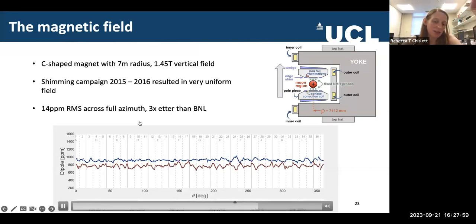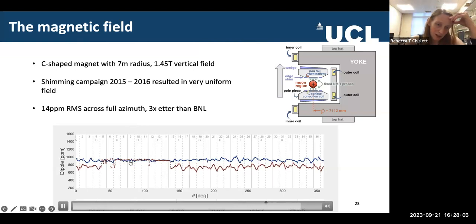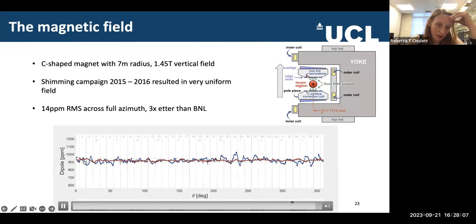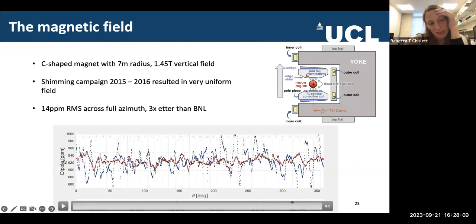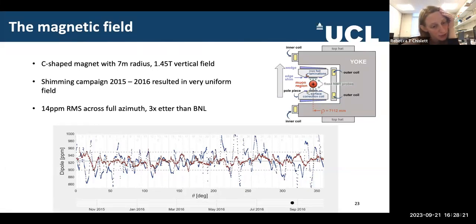These pieces of metal were less than the width of a human hair in places, and this is the effect that putting those on has. Now you can see the final field uniformity in red, and that's compared to the field uniformity they achieved at Brookhaven in blue. So we achieved much better uniformity than they had.